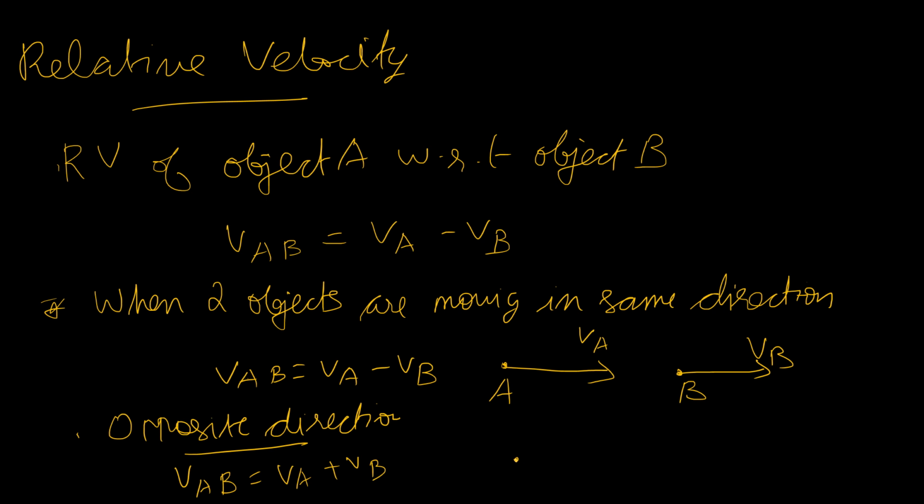That is, A is moving in this direction with the velocity VA, but B is moving in the opposite direction, that is, west, with the velocity VB. That means the opposite direction case. Just know this formula.